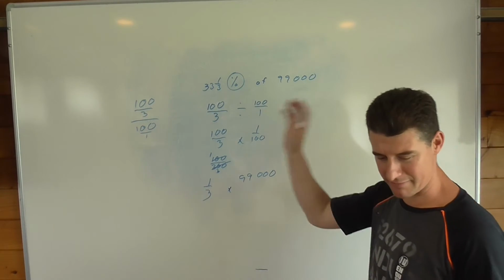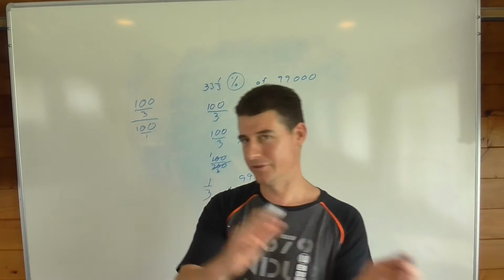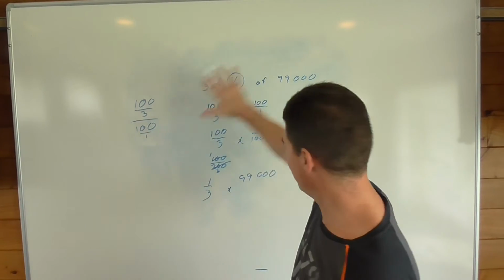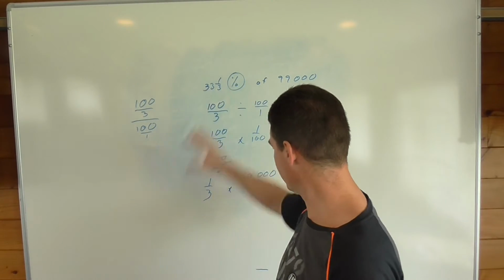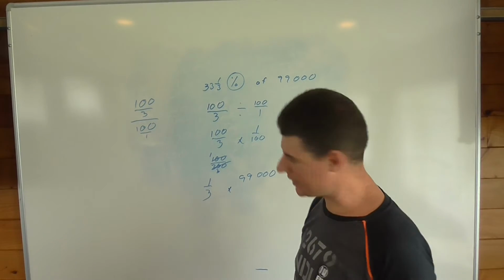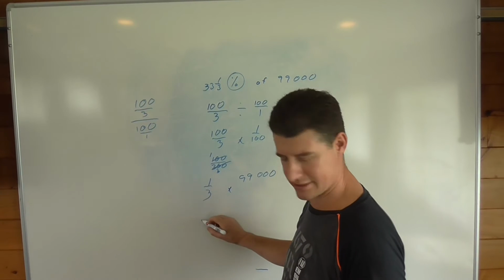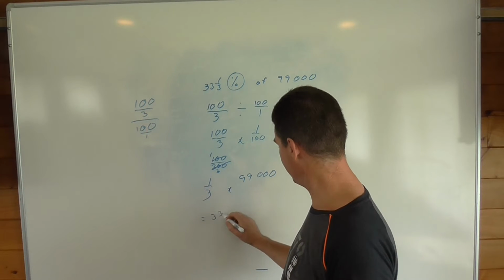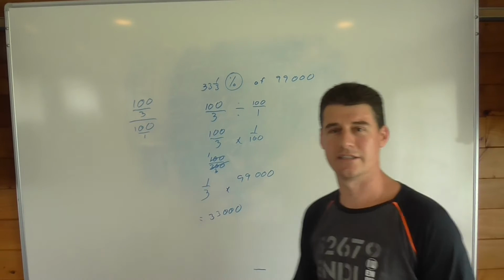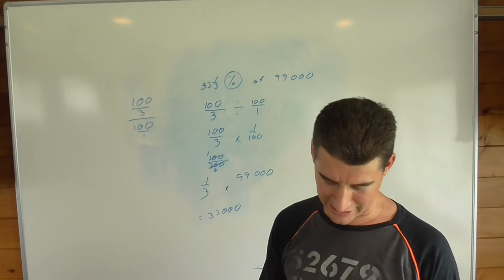Everything we do prior to this will help you to get your answers. So it's 99,000 divided by 3, which gives you 33,000 Rand.